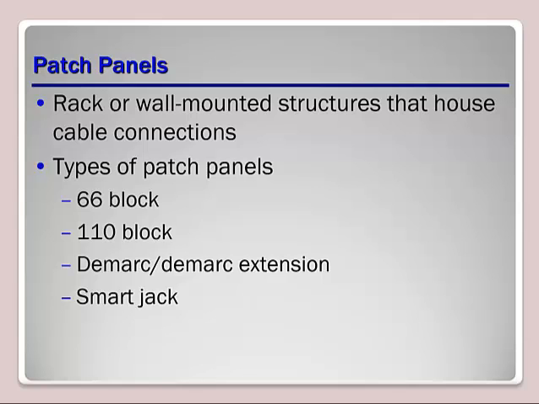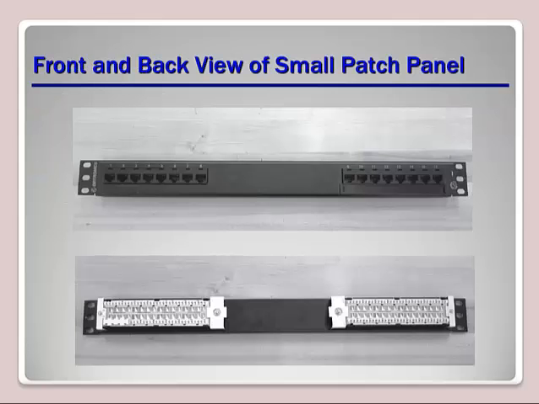So let's take a look at a back view of a small patch panel. You may have seen these now. It looks like a switch, right? No, it's actually just a piece of metal with some plastic inserts in it. What we do is we bring the cables in, do a little splicing, and then we use a punch down tool to punch those wires down into these blocks in the correct wiring pattern.